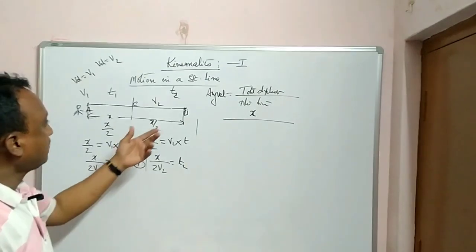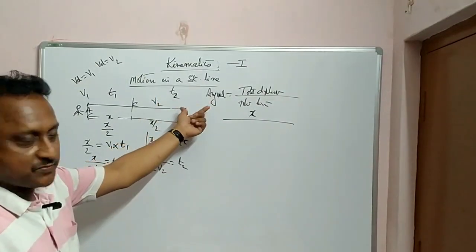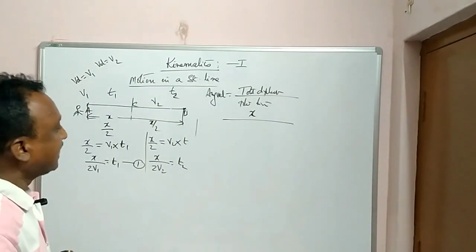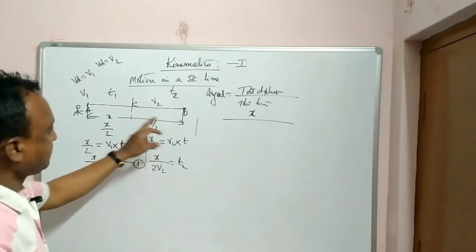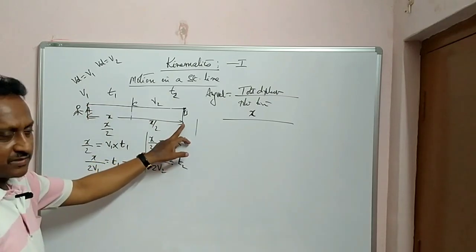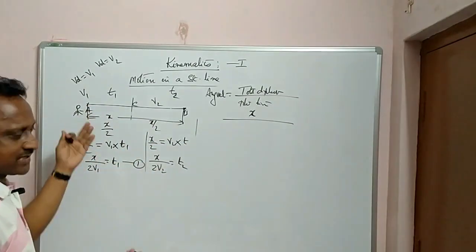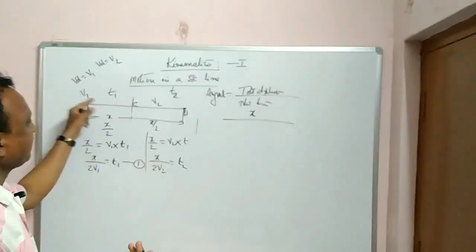See here now, already I have calculated the average speed here. Now for the same question, if you ask what is average velocity, average velocity means what? Total displacement. That means from A to B, what is the displacement covered by total time. For example, in this he has not given any values. He has given speed.